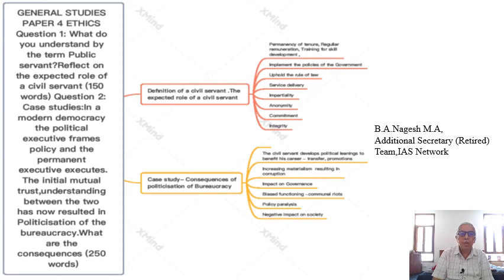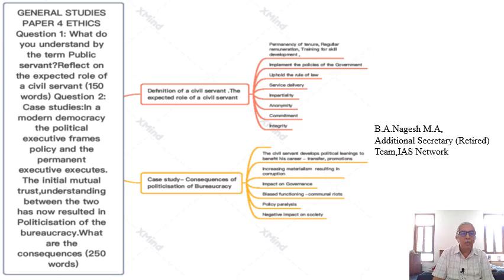Prompt and efficient service delivery to the vulnerable groups, impartiality in working, anonymity, not aligning with any political party but being in the background, commitment to the progressive policies of the government, not commitment to any political party, commitment to his work, and integrity. All his actions should show that he is above corruption. Not only should the civil servant be of sound integrity, he should also see that his subordinates practice integrity at the workplace. This is question number 1.